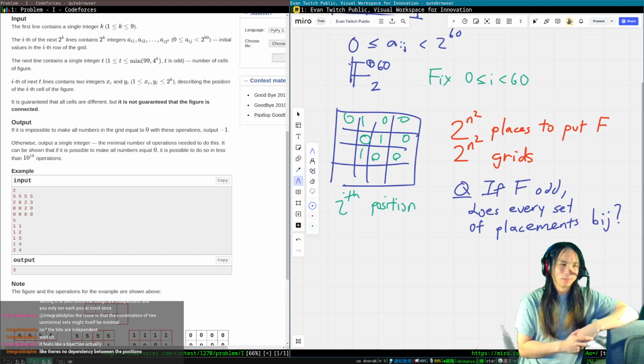So now I have to think about it. If it wasn't the case, then there's some minimal set, something in the kernel. So there's a way to place copies of f such that the sum of these copies of f is the all-zero grid.